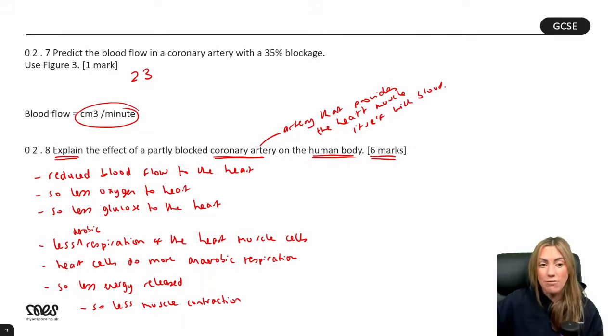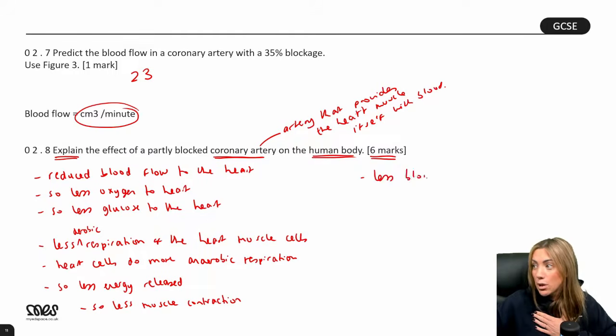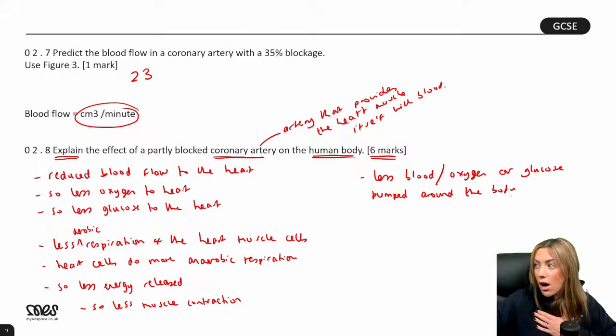Now we can get to the rest of the body, and we're going to have to get this far to push us up into 5 or 6 marks. So if there's less muscle contraction of the heart, now we can get all the way to saying less blood or oxygen or glucose is pumped around the body because the heart muscle contractions are weaker or fewer.